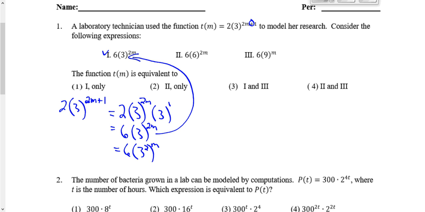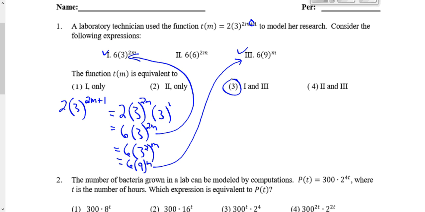So what's 3 squared then? So this is 6 times 9 to the m, right? That's that one. Choice 3. Okay? You just had to work our exponent rules in reverse, that's all. You just got to know where they came from.